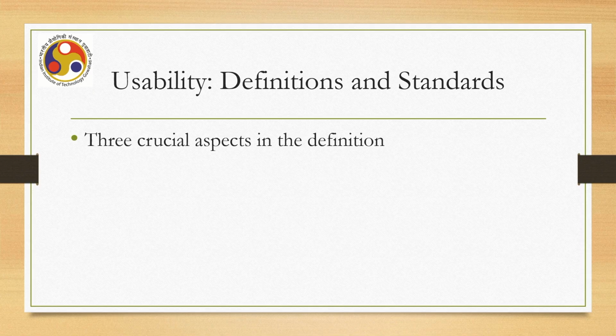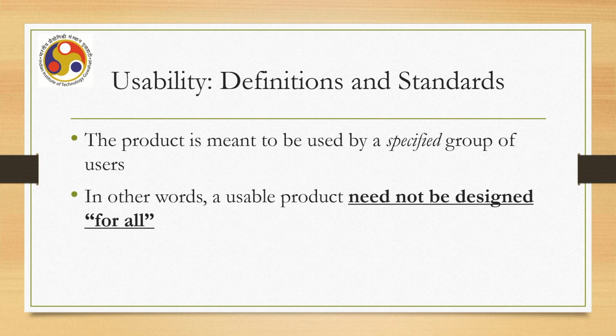So, there are three crucial aspects in this definition. First is the product is meant to be used by a specified group of users. In other words, a usable product need not be designed for all. So, when we start building our system, we should not try to think that our system is going to be used by anybody and everybody, whoever comes.